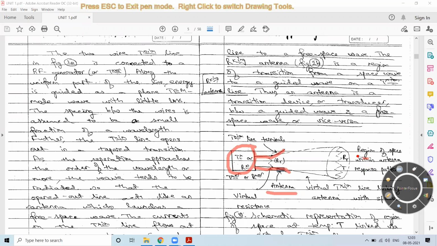And suppose there is another antenna, the receiving antenna. How does that receiving antenna see this transmitting antenna? That is what radiation resistance specifies.